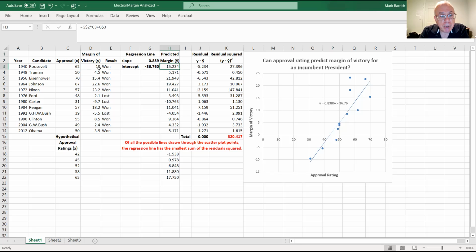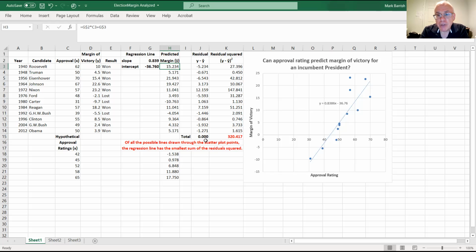If we subtract those two numbers, 10 minus 15.234, we get minus 5.234. Okay, that's what we get. And that is our residual. And that's what I did for each of these cases. Some residuals are negative, some are positive. Notice that when I add all these residuals up, every single one in the data set, it always comes out to 0.